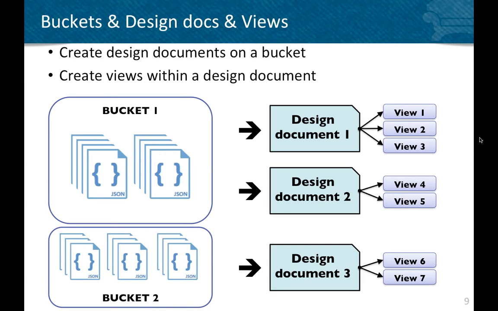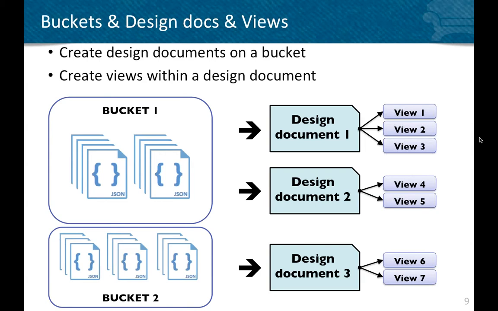If you have, on the other hand, a design document with a dozen views, each of which indexes every single document in your bucket, that's when you might start to think about splitting it up. And then, to take that same line of thinking a little bit further, if you have some document types that you just plain don't want to index, it might make sense to stick them in their own bucket and not put any design documents in that bucket.